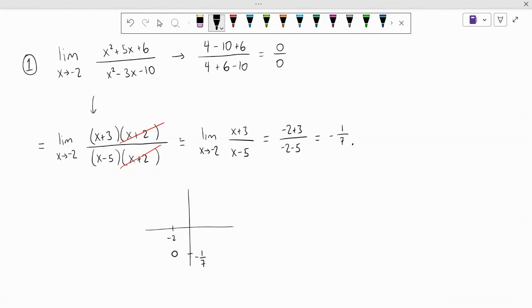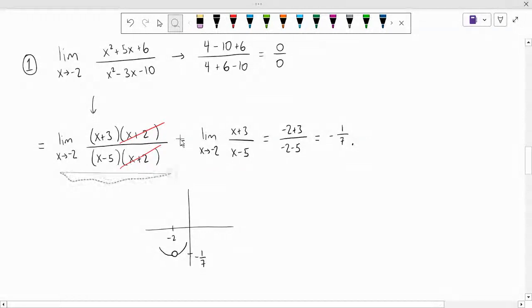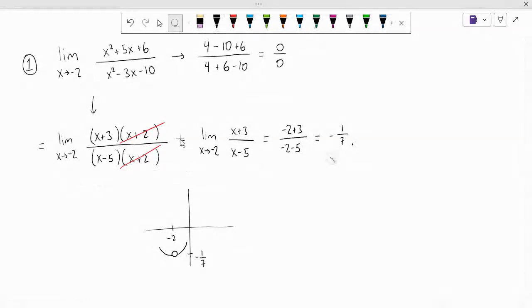There's going to be a hole at that point. The function is not defined at x equals -2, but according to our work up here, as x is approaching -2, the function is approaching this value of -1/7. So that indicates you have this kind of situation going on in its graph.